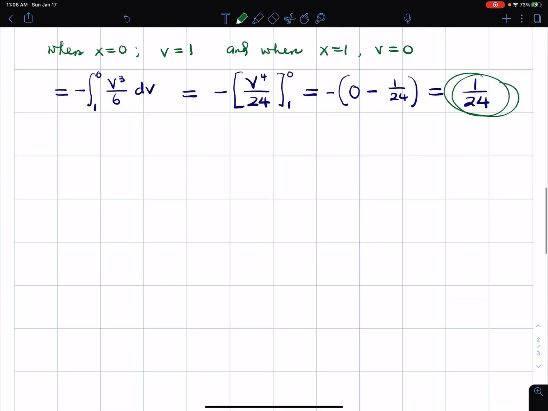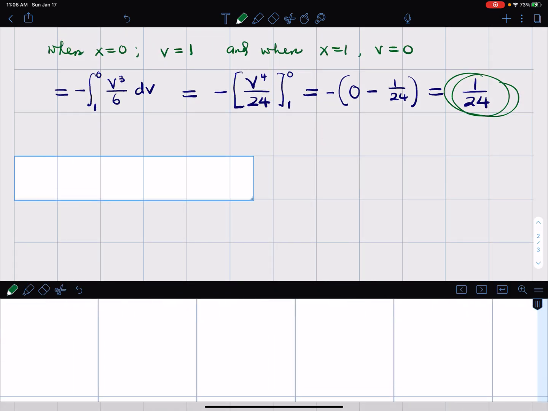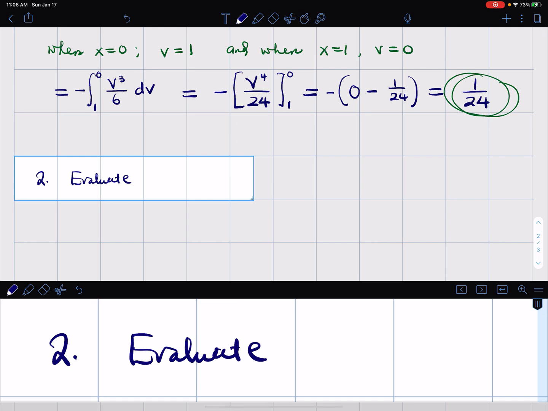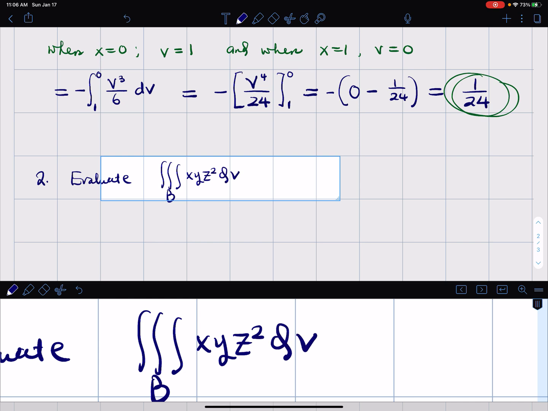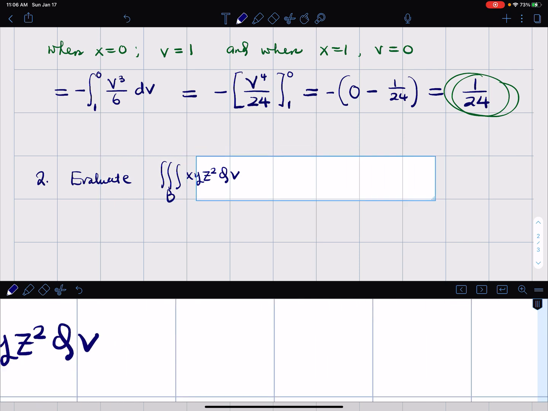Okay. So number 2, we would like to evaluate the integral of b x y z squared dv. I'm using b here. I don't remember what your textbook uses, to be honest, but I'm going to use b.